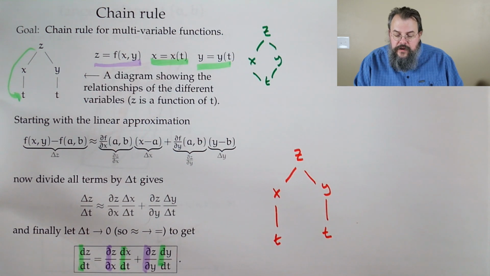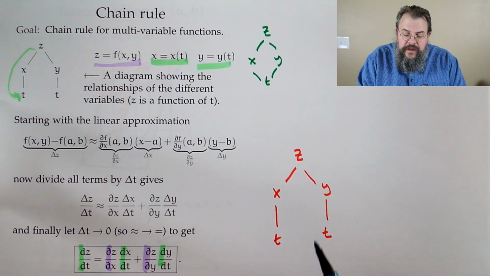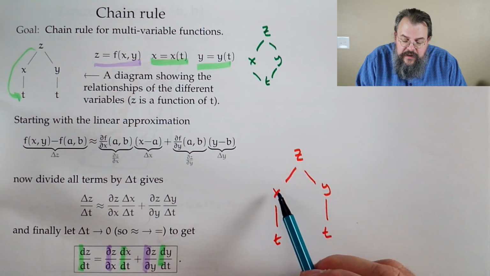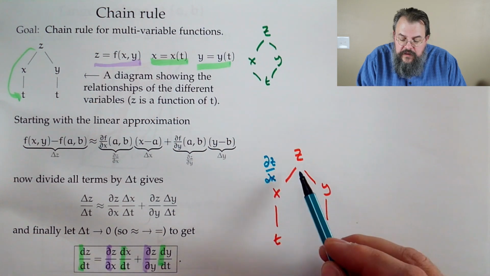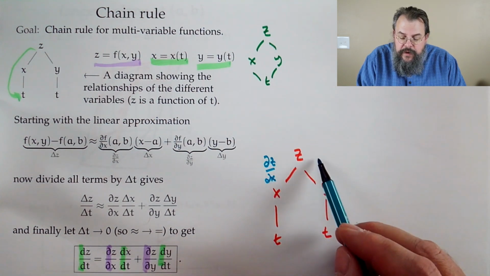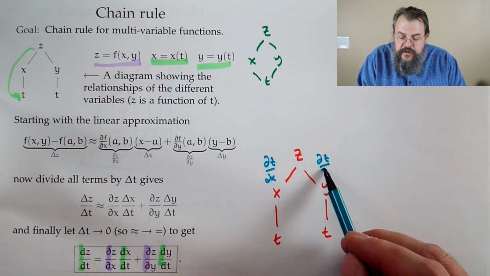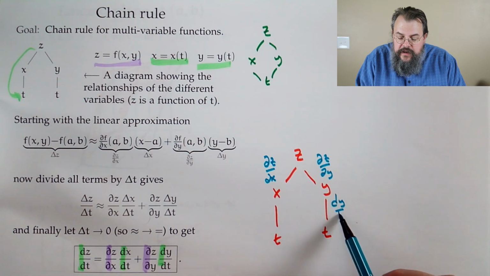What I like to do, at least mentally, if I don't always write it down, is say, look, here z depends on x, so I can talk about how z changes with x. So this edge, how z depends on x, corresponds to partial z partial x. Here, partial z partial y. Here I have y depending on t, that's dy dt.